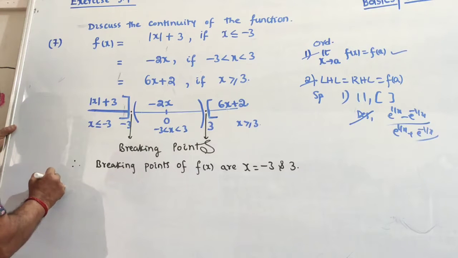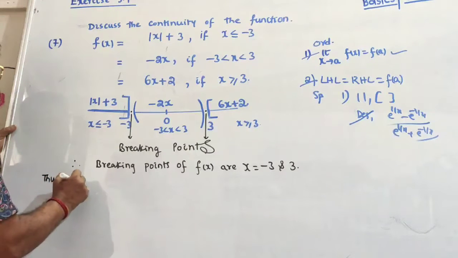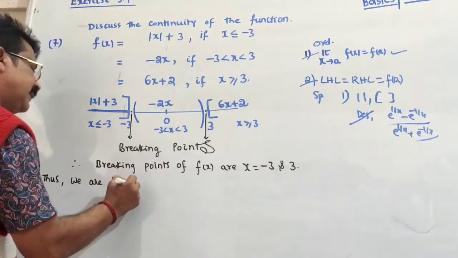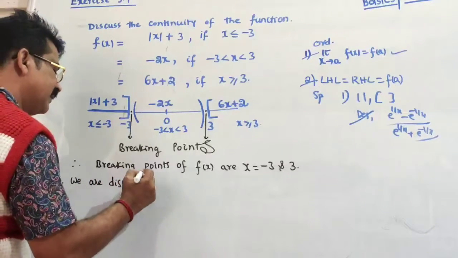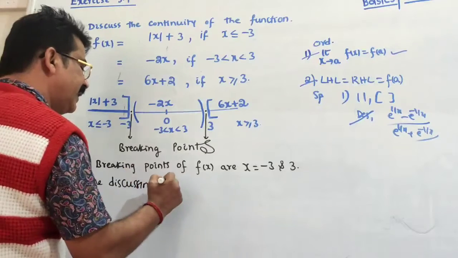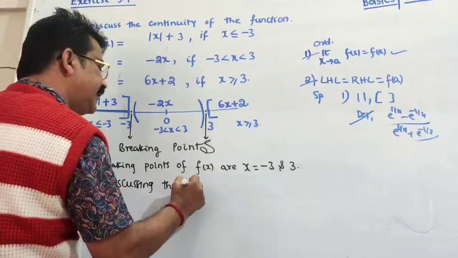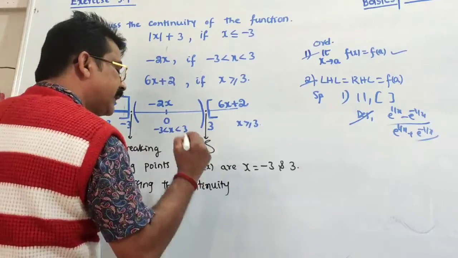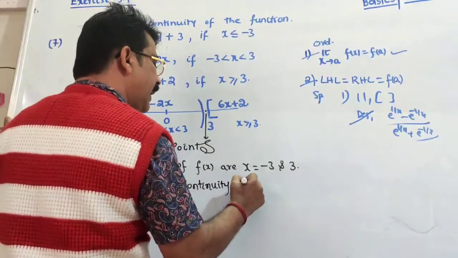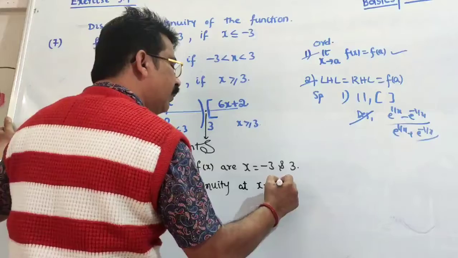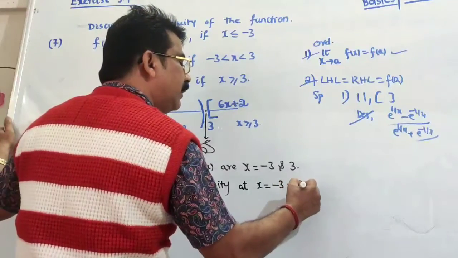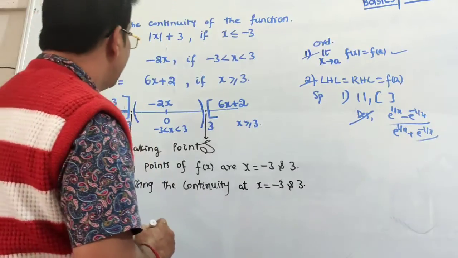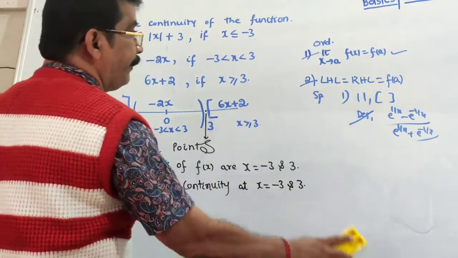Therefore, we are discussing the continuity at x equal to minus 3 and plus 3. Okay. Next.